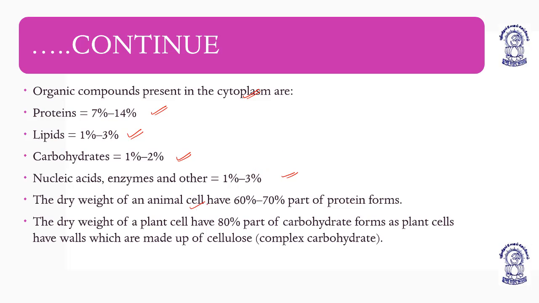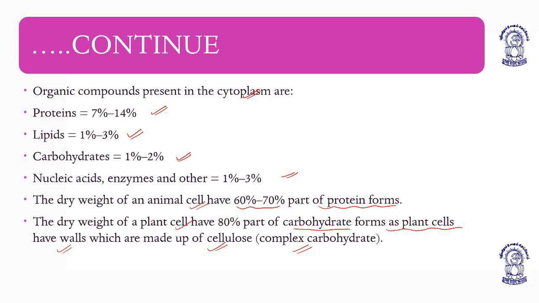The dry weight of an animal cell is around 60 to 70% protein. The dry weight of a plant cell has 80% carbohydrate, because the cell wall is made up of cellulose, a complex carbohydrate. So the dry weight of an animal cell is made up of 60% protein and the dry weight of a plant cell is made up of 80% carbohydrate, as cellulose is a complex sugar.